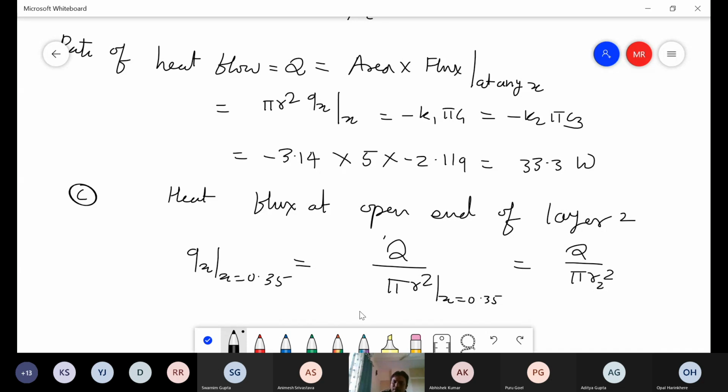So this is nothing but Q divided by pi r2 square. This we already know, Q is 33.3, divided by 3.14 into r square. R is 0.08, whole square. So what you get is, what is the value here? Can anybody tell me?